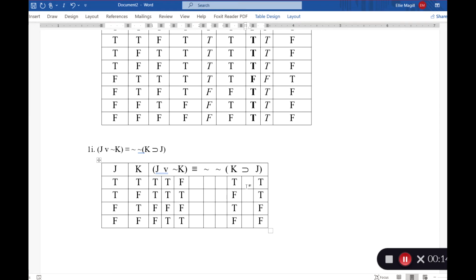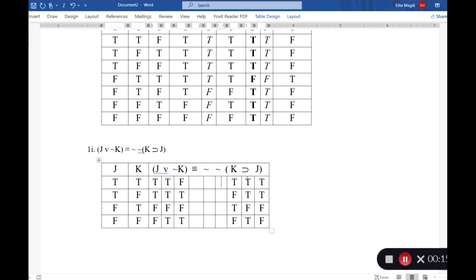So now let's go ahead and work our way down. It's true because they're both true. True because our antecedent is false and our consequent is true, so it's still true there. And then here we have a true antecedent and a false consequent, so it's false. And then here they're both false, so that conditional is true. So now let's go to our first negation.